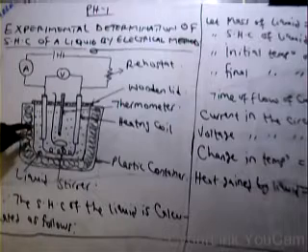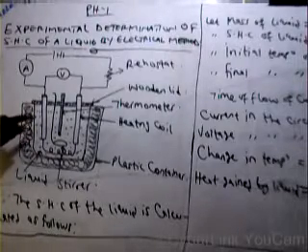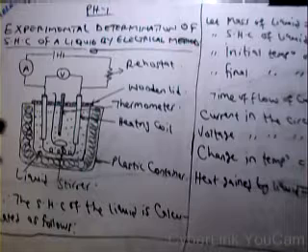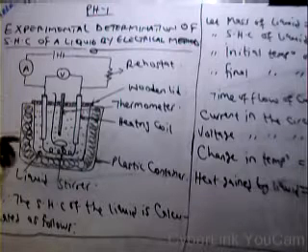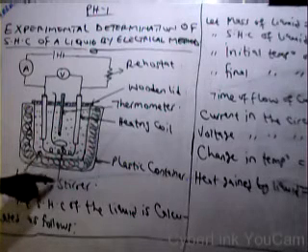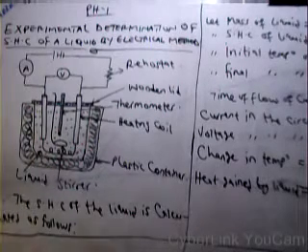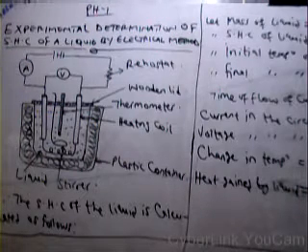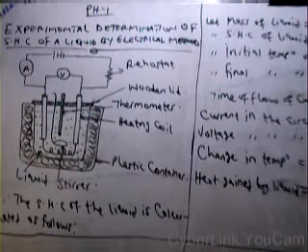So, for instance, let us say we want to determine the specific heat capacity of water. Then we have water inside this plastic container. Then we also have the stirrer. Now, let me explain the functions of each of the apparatus above.